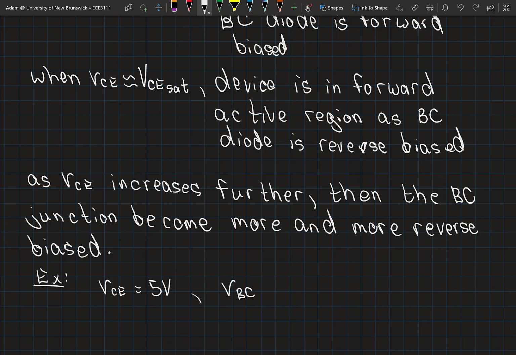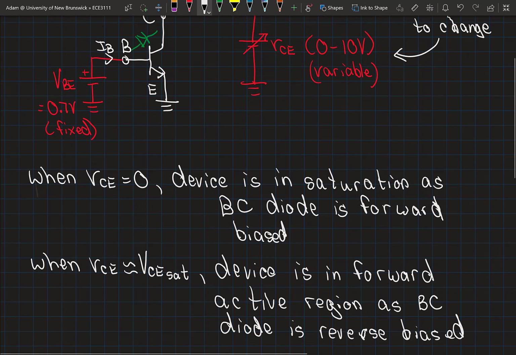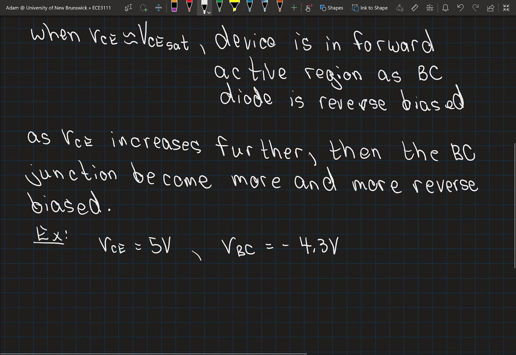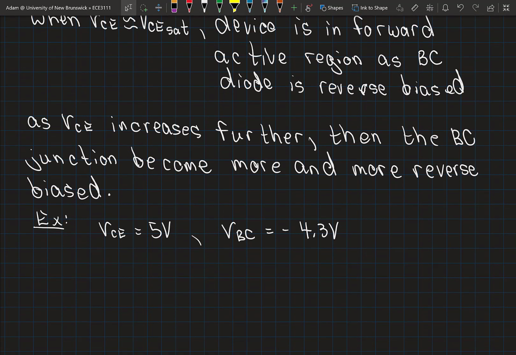The base to collector junction is going to be at minus 4.3 volts. We know that the drop here is 0.7 volts, so subtracting off that 0.7 volts, we can find the voltage across this junction. So we're at minus 4.3.